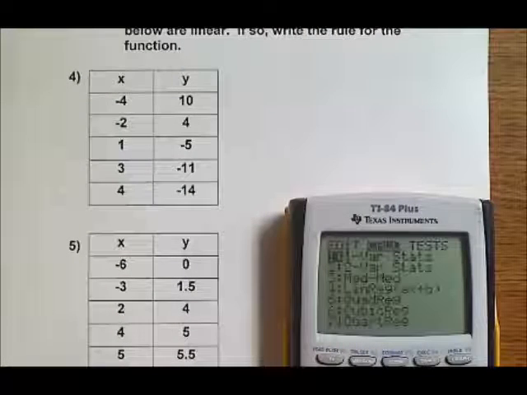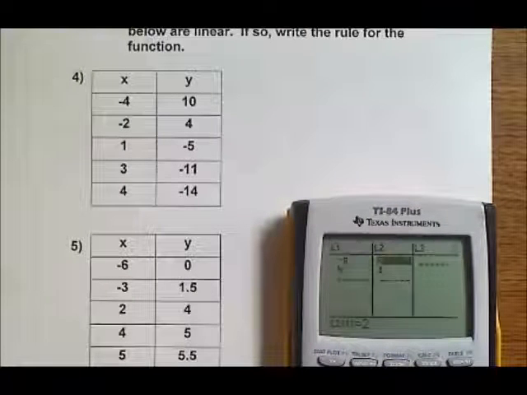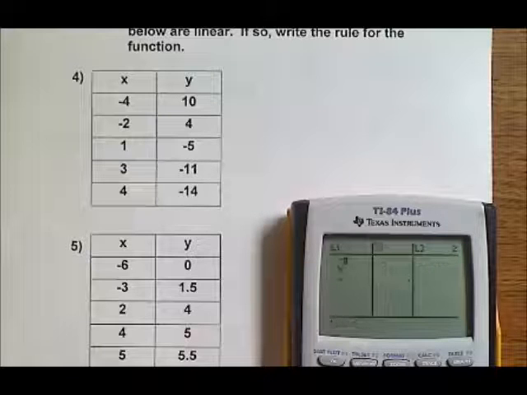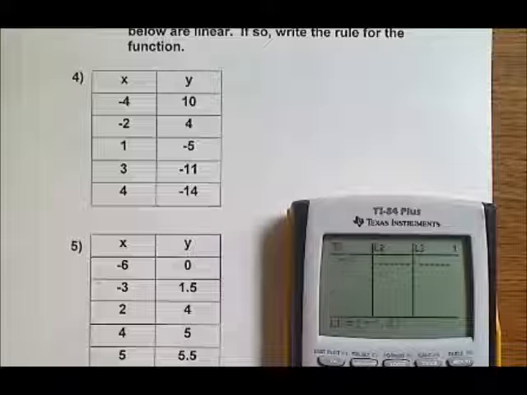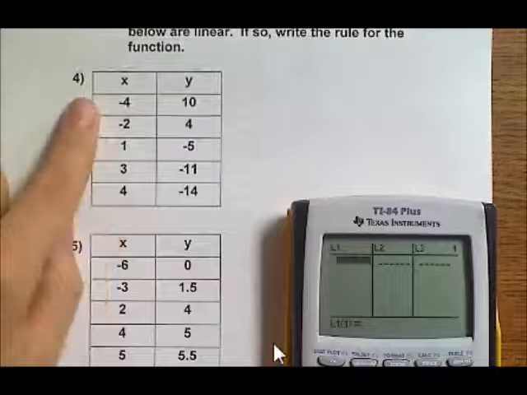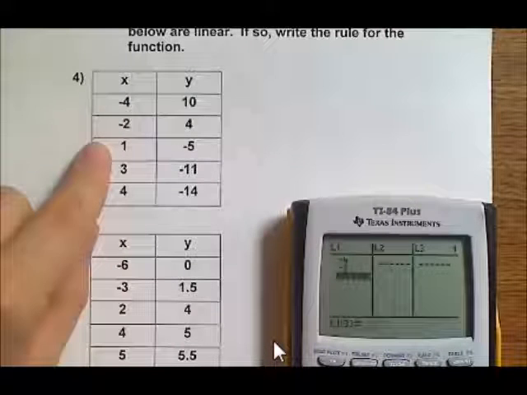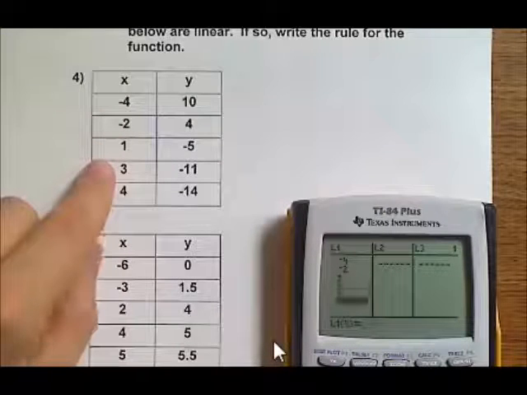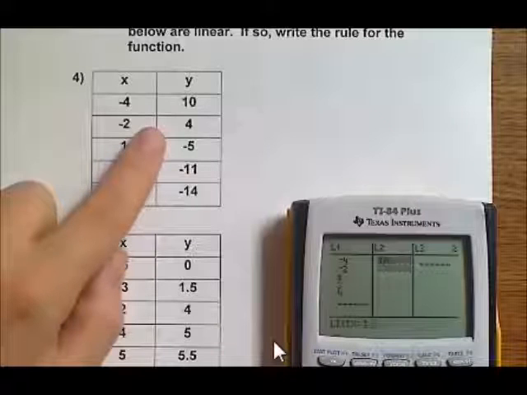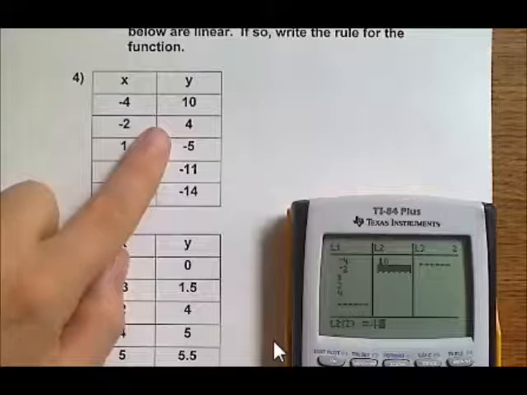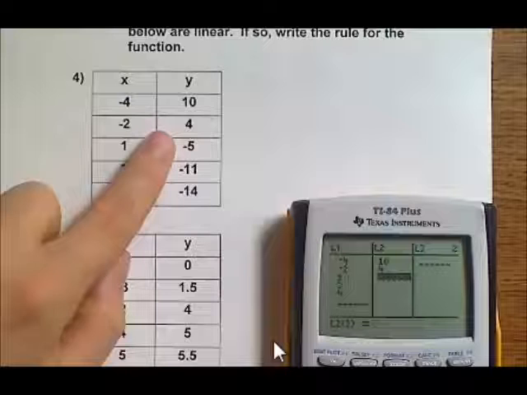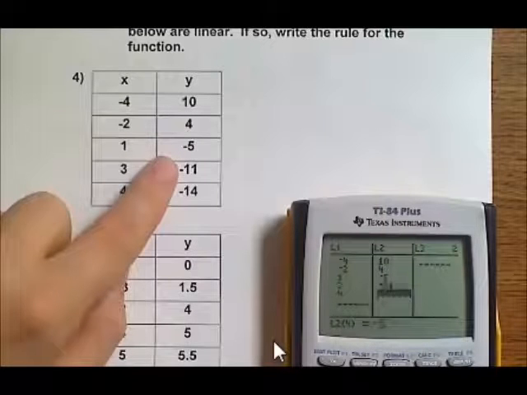We go to Stat, Edit, clear out your old lists, put in your new lists. -4, -2, 1, 3, 4, 10, 4, -5, -11, -14.